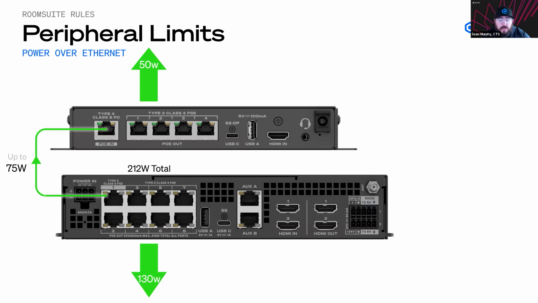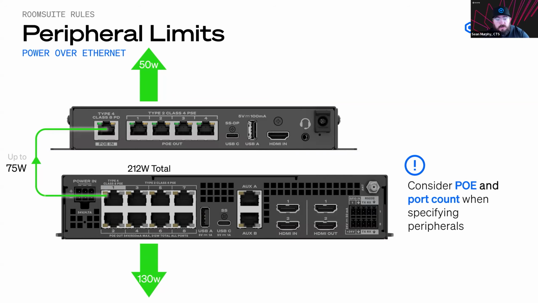So that gives you a good idea of how many things can actually physically be plugged into the devices. So when you're designing a RoomSuite modular system, considering PoE and port count when specifying peripherals is definitely the first step to designing a system.